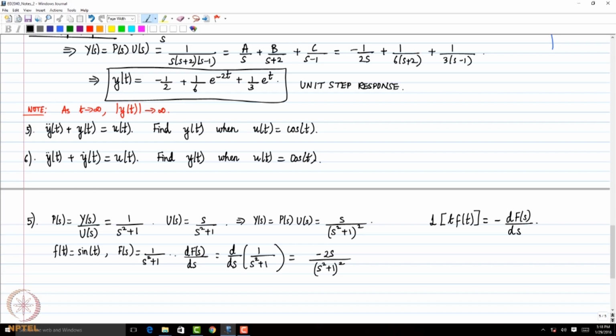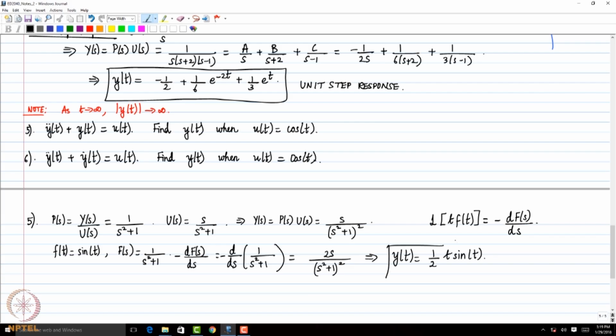So consequently, if I do minus dF/ds, this minus sign is going to vanish. So I just evaluated minus dF(s)/ds, and that's going to be plus 2s divided by s squared plus 1 whole square. This immediately tells me that the value of y of t is going to be equal to 1 by 2 t times sin t.